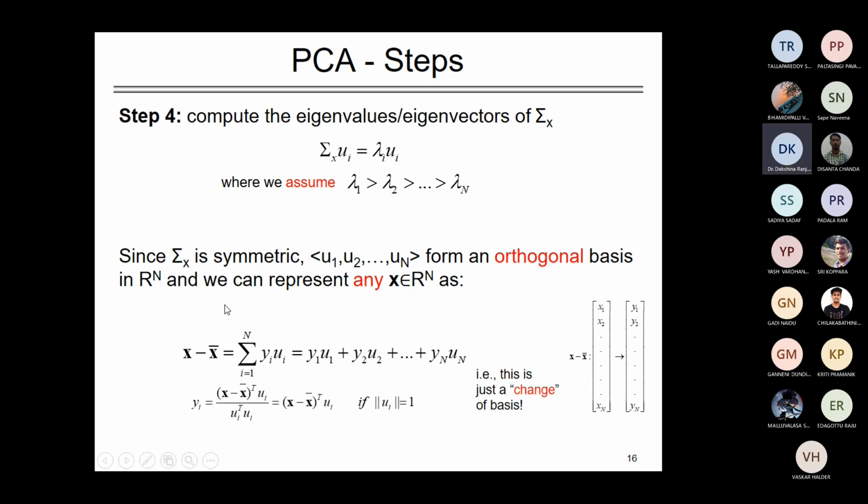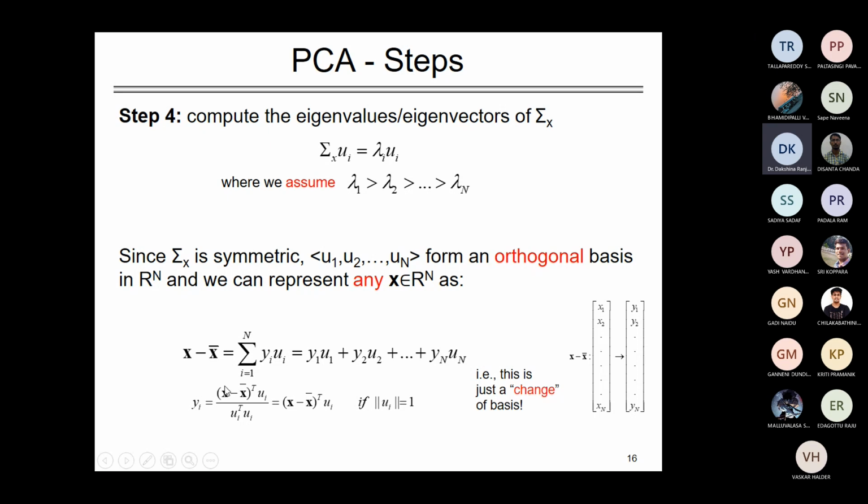So what we are doing here is transforming the basis. We are changing the basis of x minus x bar, which is now represented in terms of yi, where i varies from 1 to n.